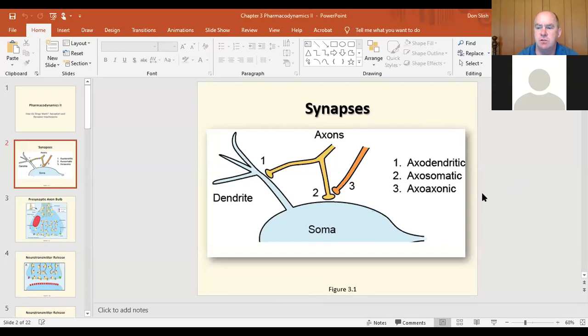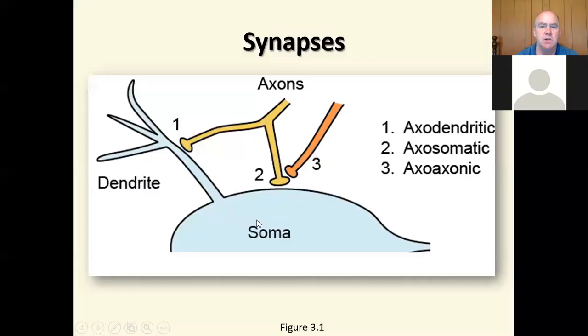Okay, so types of synapses. These are axons over here. These axons can synapse with the dendrite of another neuron. That's an axodendritic synapse. It can synapse with the soma. This is axosomatic, axon to soma. Or, and we'll see a lot of this with our drugs, axoaxonic.